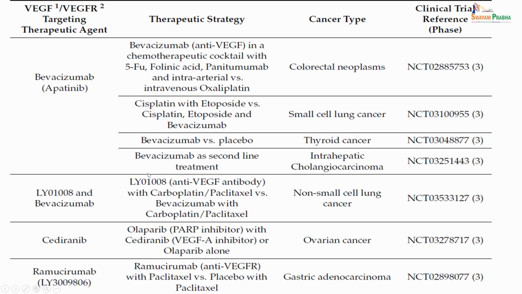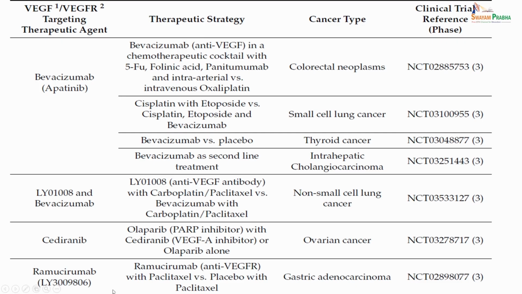So, the combination of LY01008 and bevacizumab has been studied in non-small cell lung cancer. Then there is another study which has been done on ovarian cancer, here with olaparib, which is a PARP inhibitor, along with cediranib, which is a VEGF-A inhibitor, versus olaparib alone.